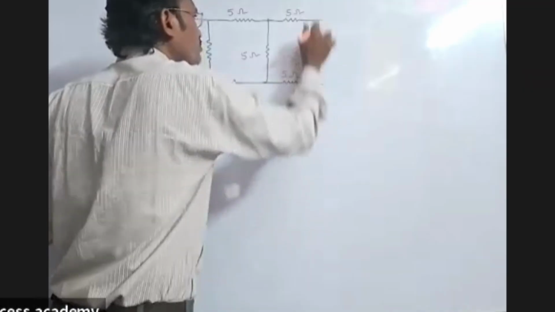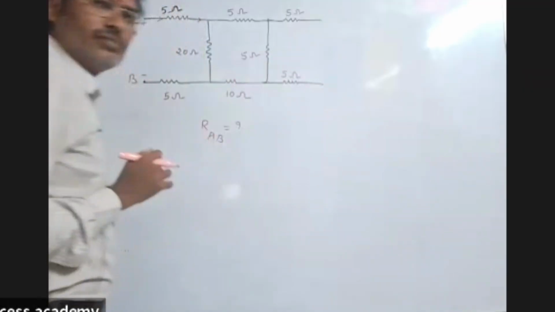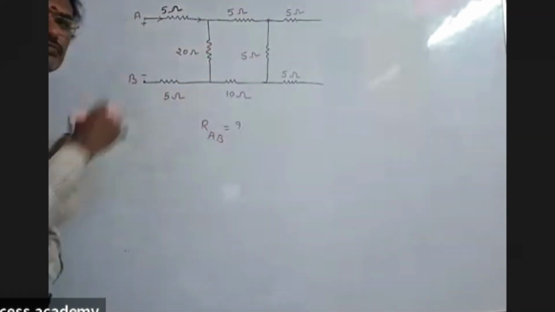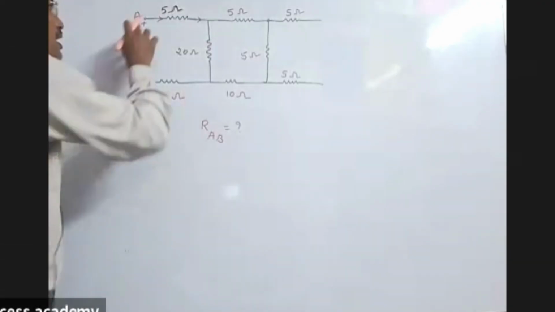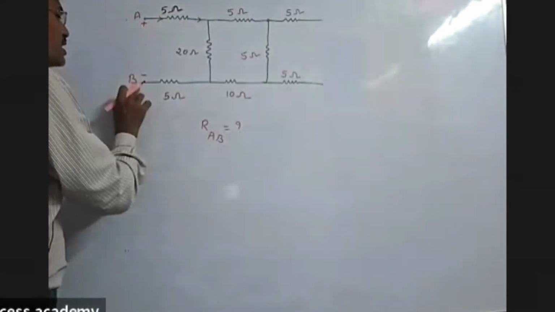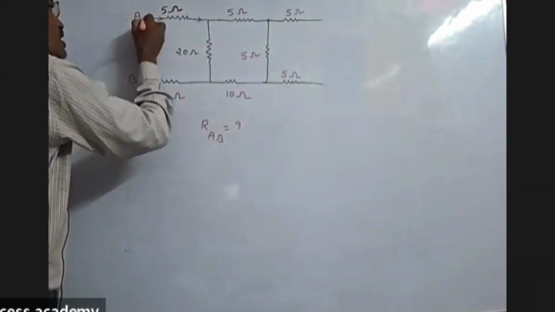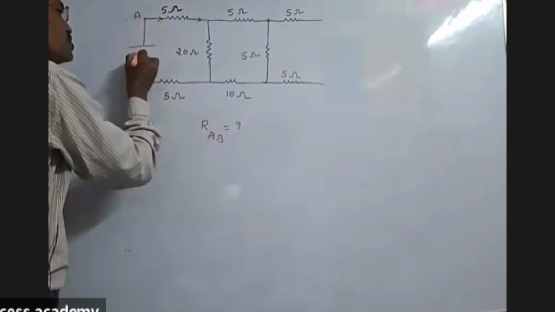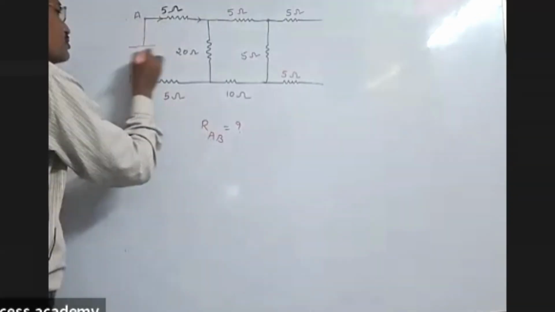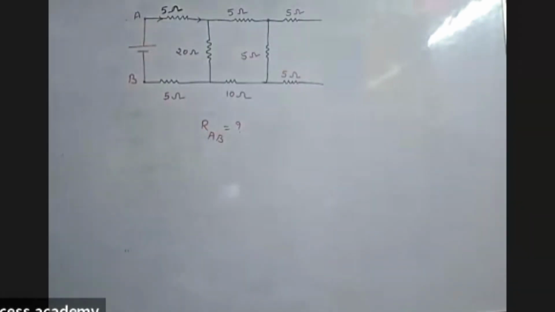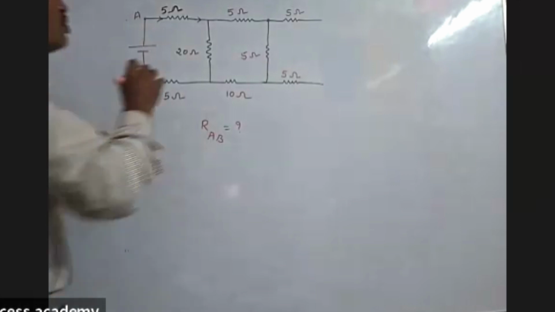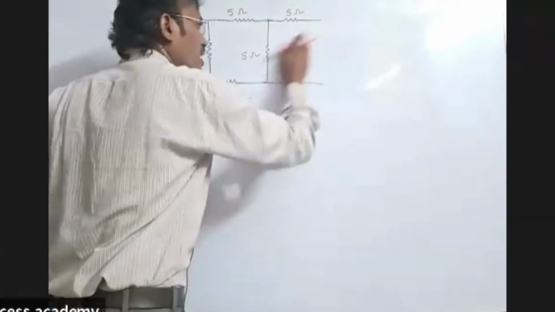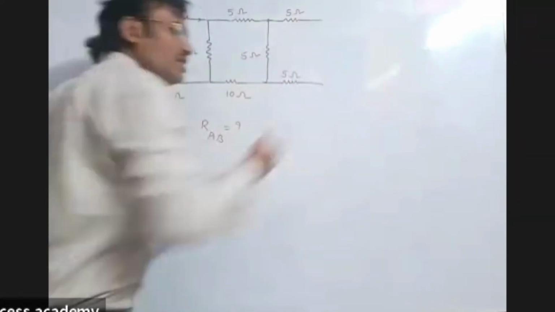Here it is open. This is the problem. For your attention, I am taking that this is positive and this is negative. Now here there is no further connecting circuit.